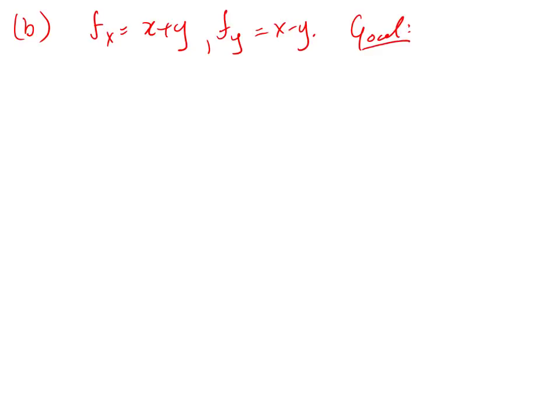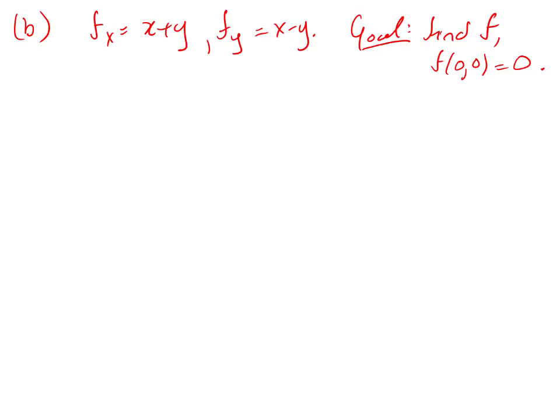Now in the second part, you have to use this information. So what did we learn in the first part? We learned that fx equals x plus y and fy equals x minus y. And now the goal is to actually find the function given these derivatives. And we're given one more piece of information: that at 0, the function is 0. So this is something we've done in the class, maybe in a slightly different context.